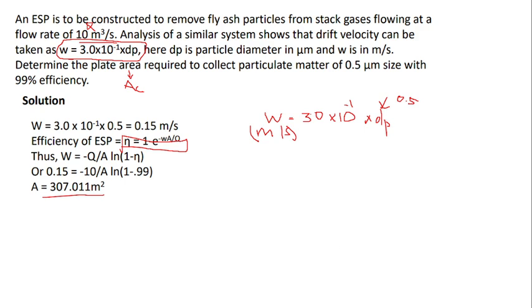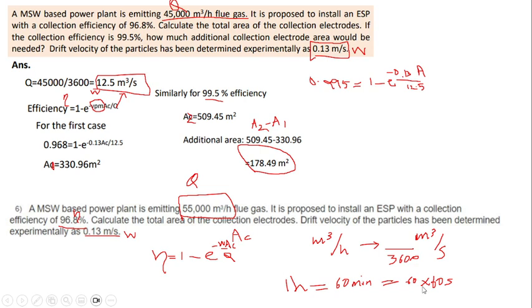This is also the same kind of problem. In this one, the only difference is that instead of giving the drift velocity directly, they have mentioned W is equal to 3 into 10 power minus 1 into dp. So the dp value is also given, and you have to find the drift velocity. All other parameters are the same. And sometimes they will give you the gas flow rate in a different unit, which is meter cube per hour.